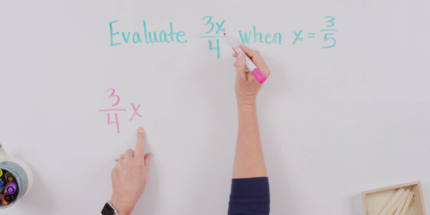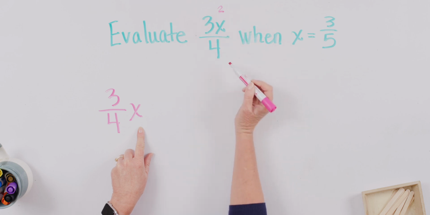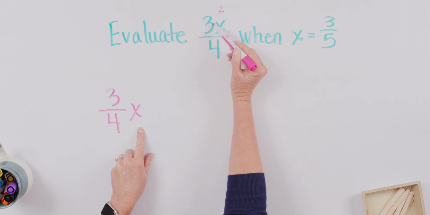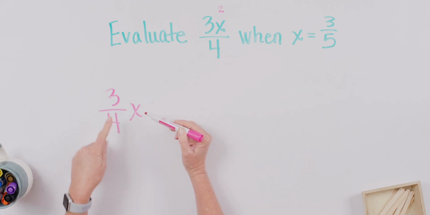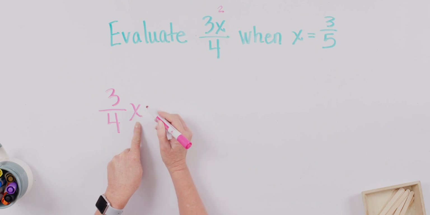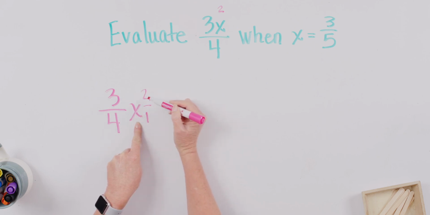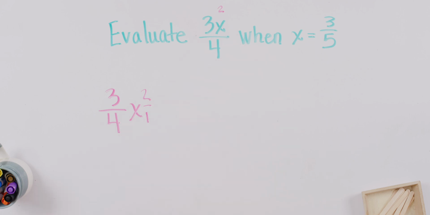Because we can see, for example, if we plug in the number 2 for x, we're going to multiply our 3 and our 2 together and then divide it by our 4. Whereas over here, the same thing. When we multiply it like this, we're going to write our x like 2 over 1. And 3 times 2 is 6 over 4. So we would get the same result. So we can write it a little bit differently.